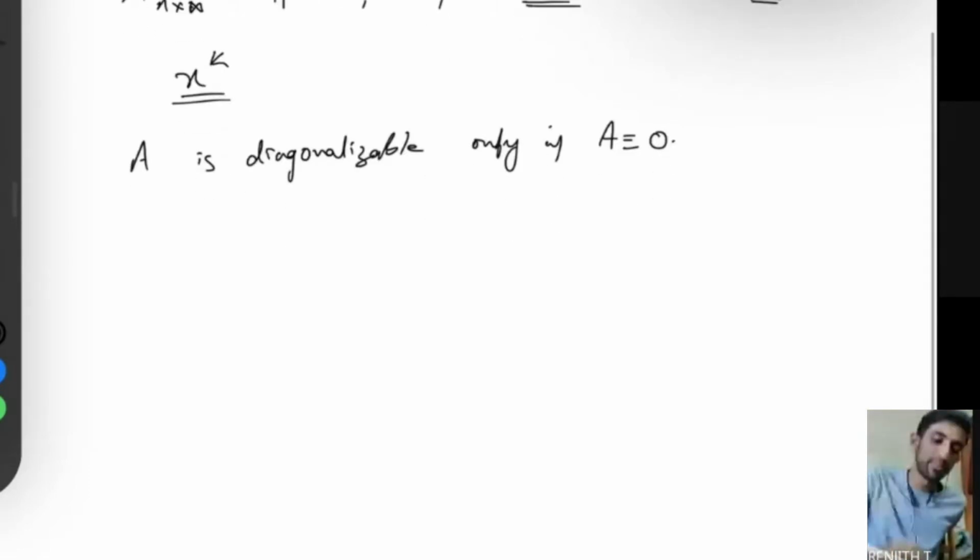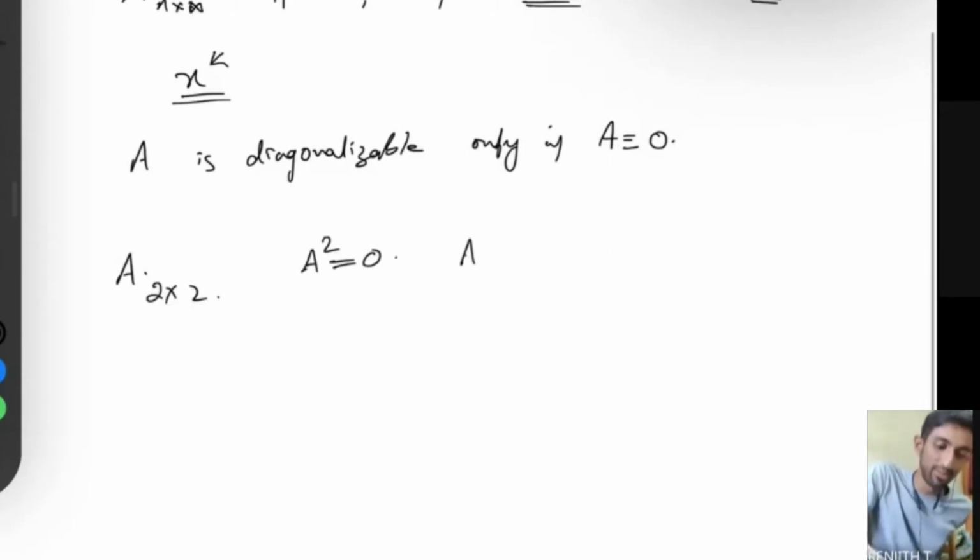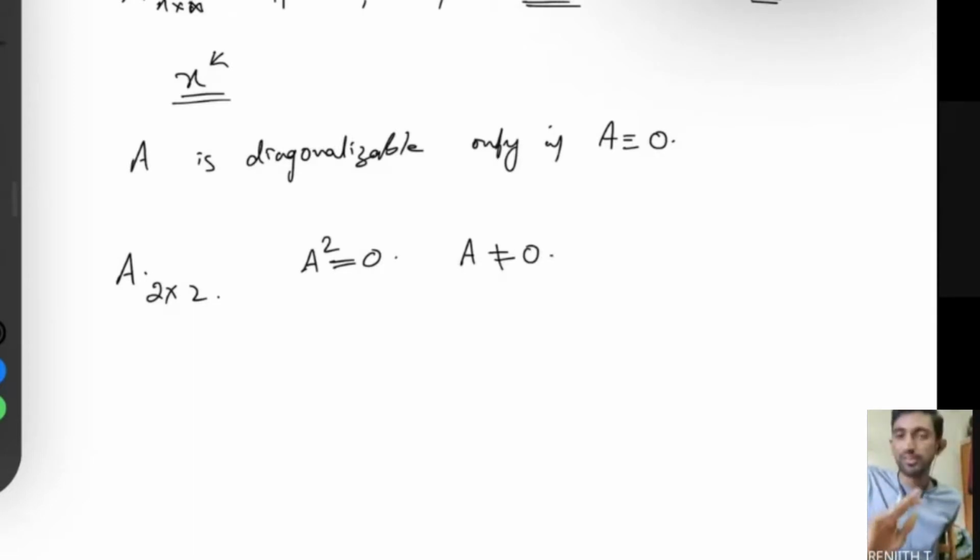For example, I'm taking a very simple matrix: A is a 2 by 2 matrix such that A square is 0 and A is not equal to 0. We know that it is not diagonalizable. This is a usual question in NET: they give a nilpotent matrix and ask whether it is diagonalizable or not. Even if you don't go further with Jordan canonical form, this is basic knowledge you should acquire. Nilpotent matrices are never diagonalizable unless they are 0.